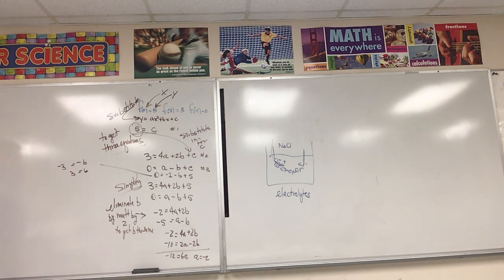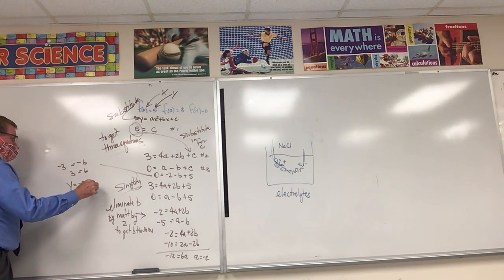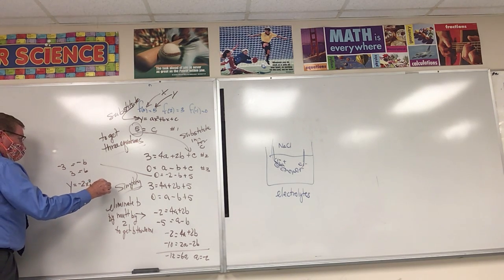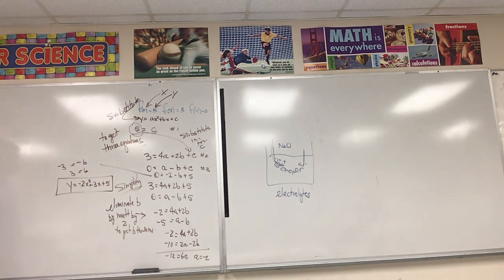So B equals 3. So what's my equation? Y equals negative 2x squared plus 3x plus 5 is my equation.